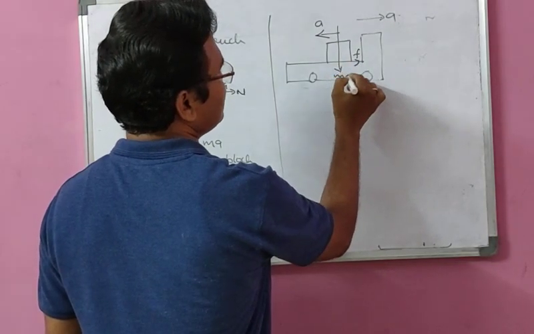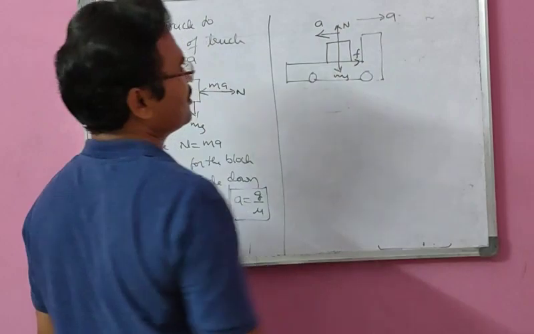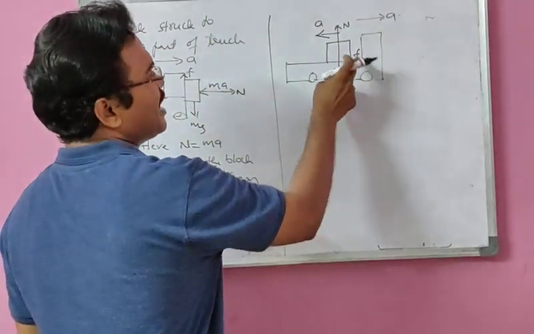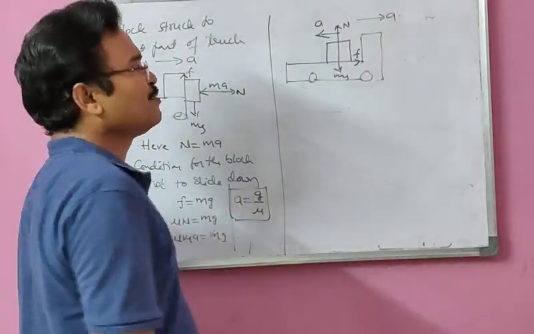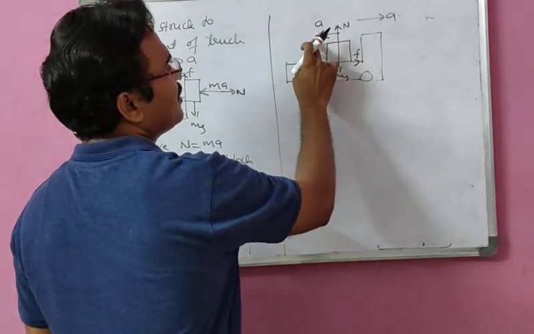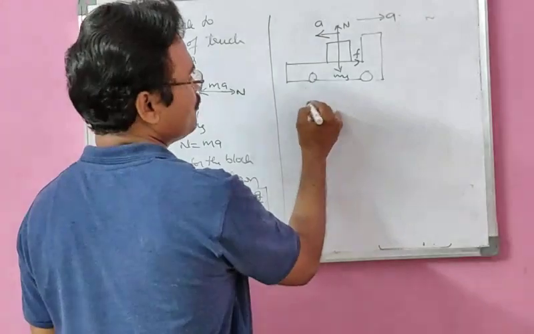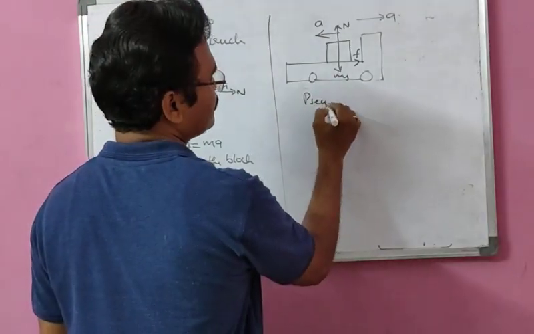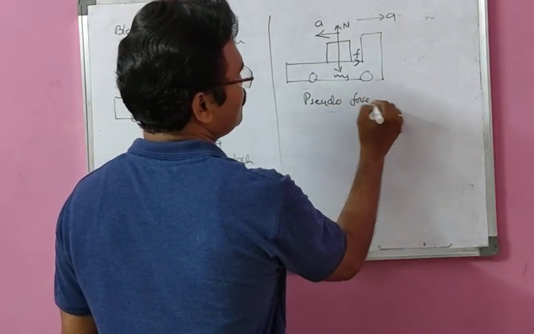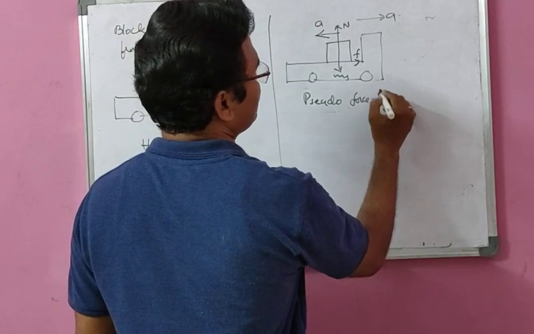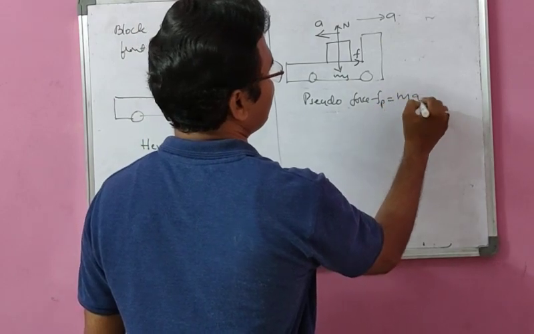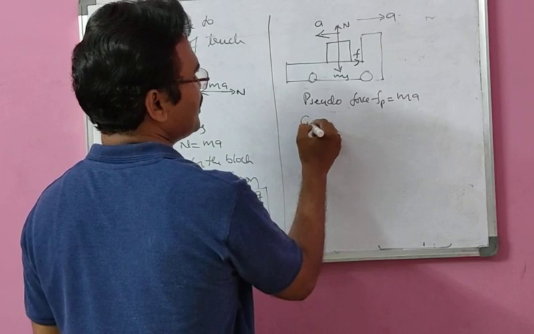This is the weight, this is the normal reaction. The block will not slide provided this frictional force balances the pseudo force. So what is the pseudo force here? The pseudo force Fp equals ma.